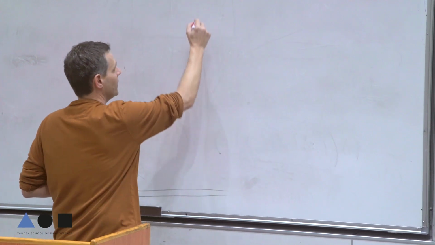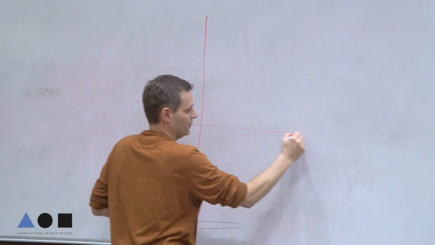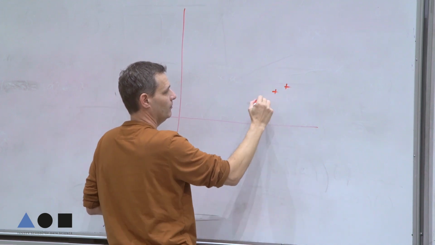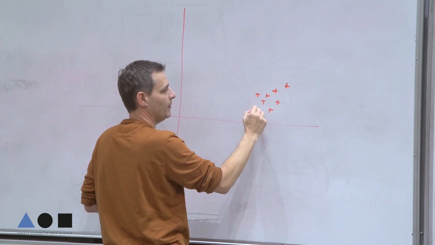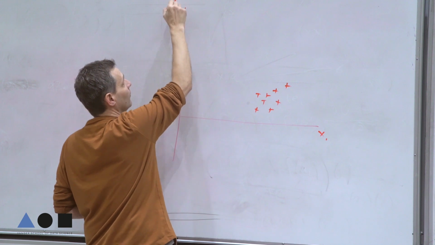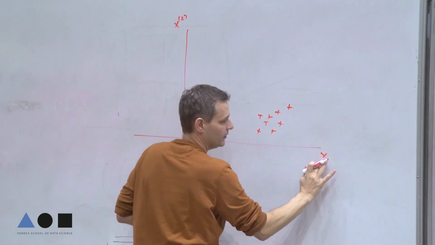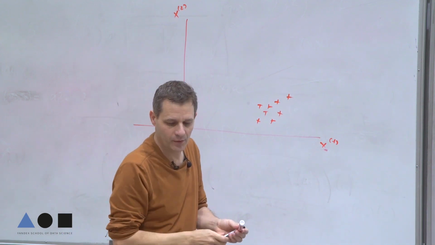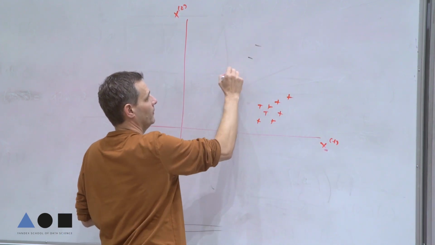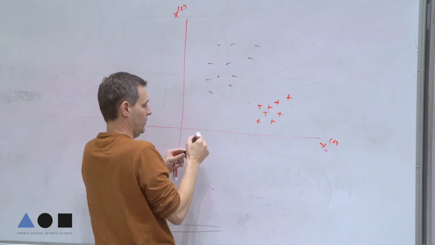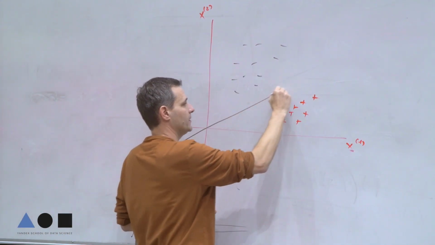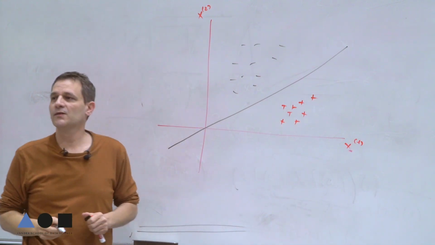Okay, let's say we have some data, some samples. That's the first coordinate of x, the second coordinate of x, and you have some positive samples and some negative samples. We're basically looking for a W that separates the pluses from the minuses.